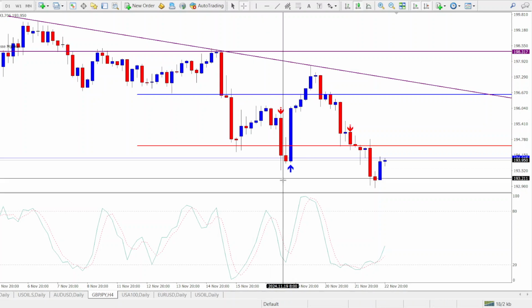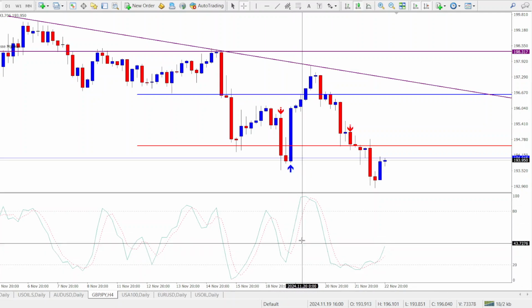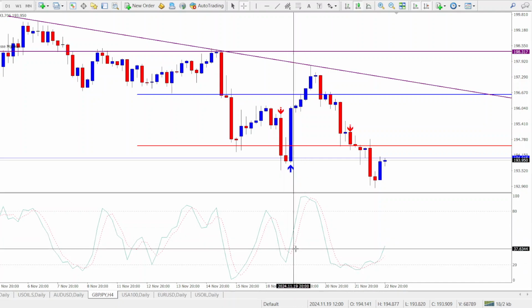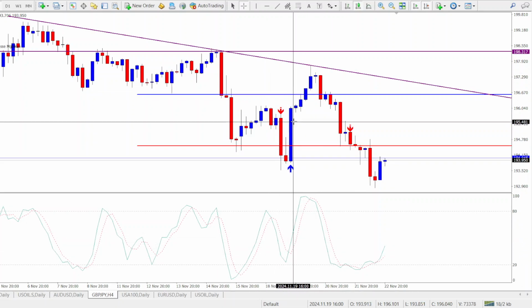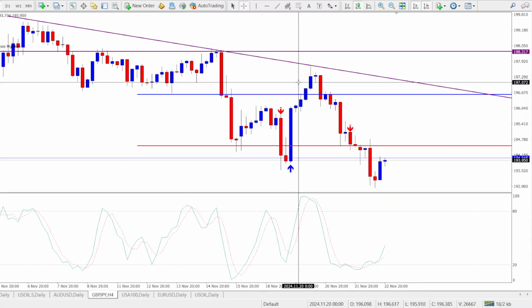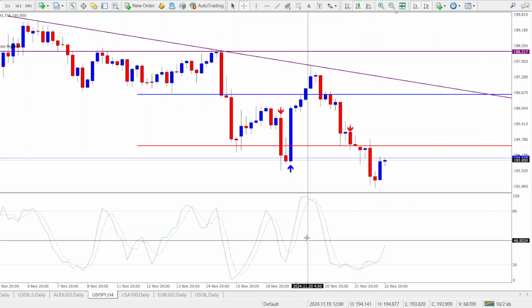And we can see that around that point, we had a bullish crossover from the stochastic oscillator. So right after the bullish crossover happened, we can see that the price of the asset, being GBP JPY in this case, rose up. Okay, so this stochastic oscillator gave us a confirmation signal around this point.